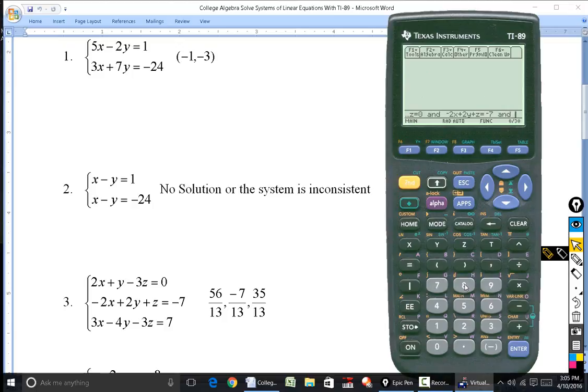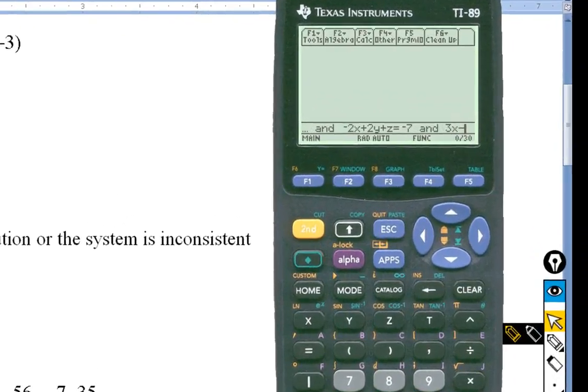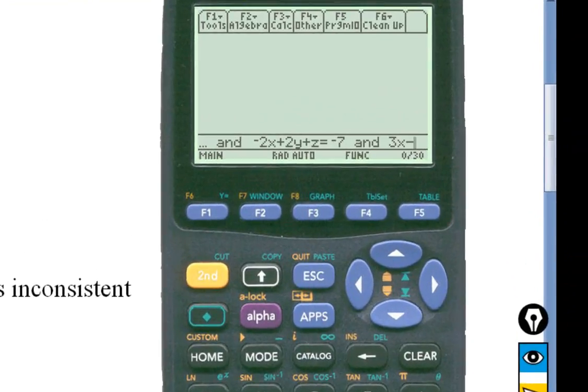So 3x minus 4y minus 3z is equal to 7. Okay, then we add a comma, and then we define the variables.